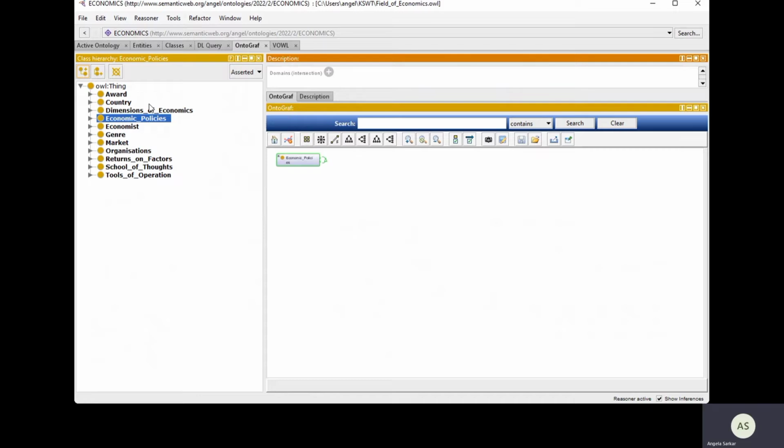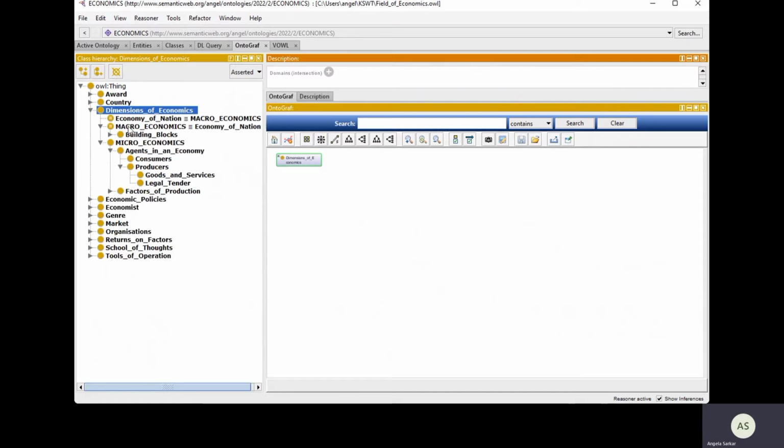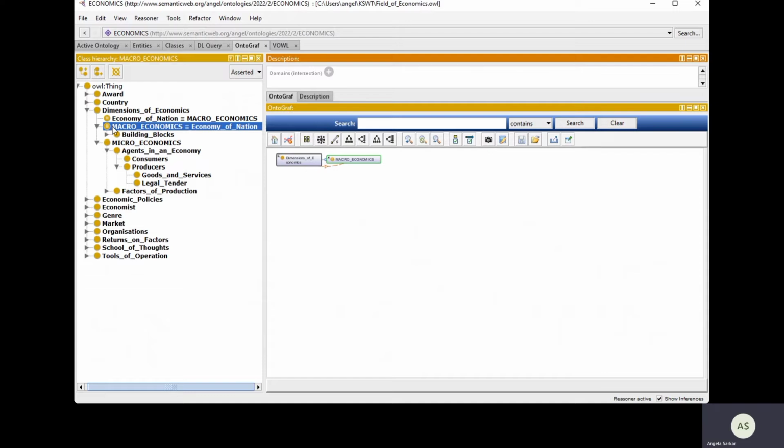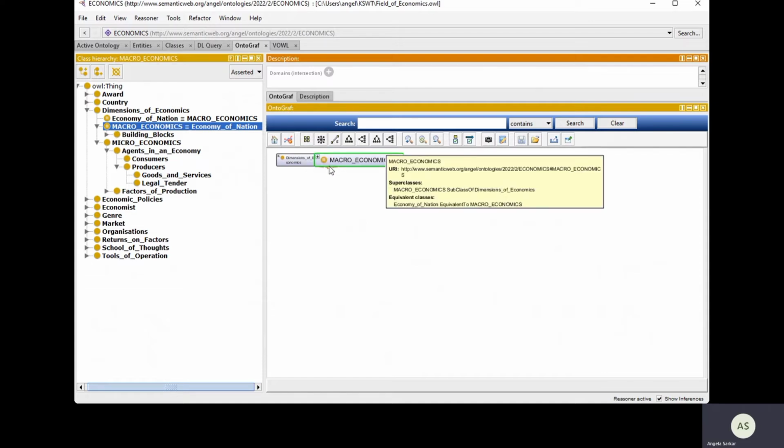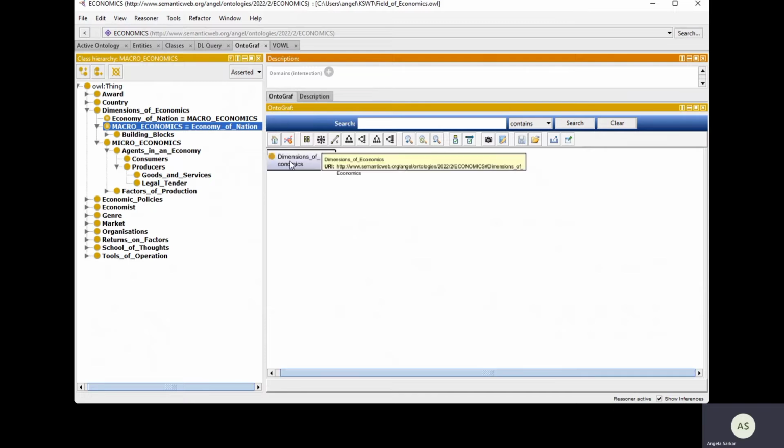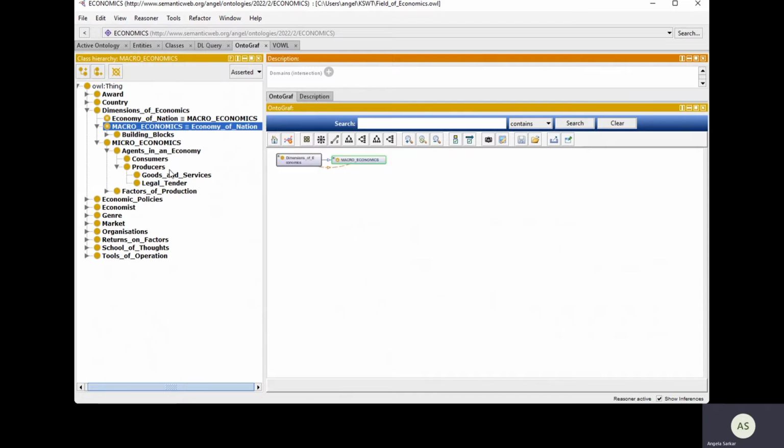Let's start with dimension of economics, and click further into it. We have macroeconomics, which is connected via dimension of economics, as you can see.